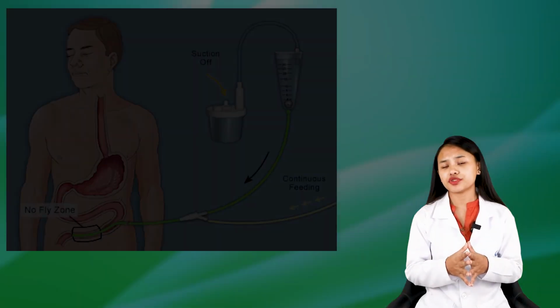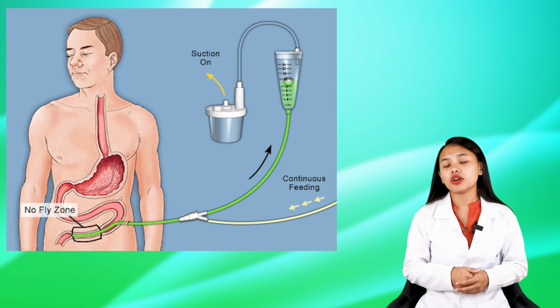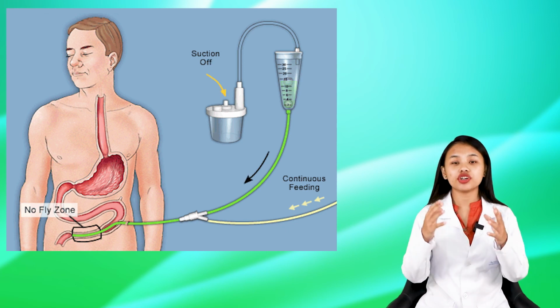The other types of ostomy also include the jejunostomy, the double barrel ostomy, as well as the loop ostomy. Depending on the condition of the patient and the reason why the ostomy should be done, we will decide at which site we must make this opening.